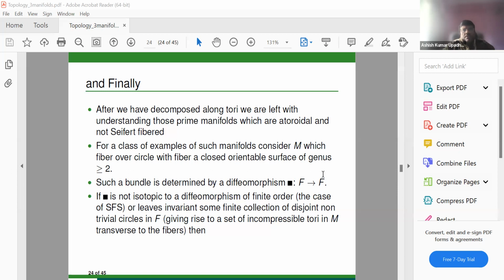You remember the picture where I was showing the connected sum of two tori to obtain a double torus surface of genus 2. We can take the Cartesian product of that surface with an interval and glue the boundary components with some homeomorphism of the surface, and we obtain such manifolds.